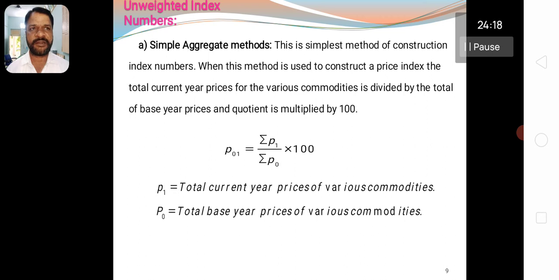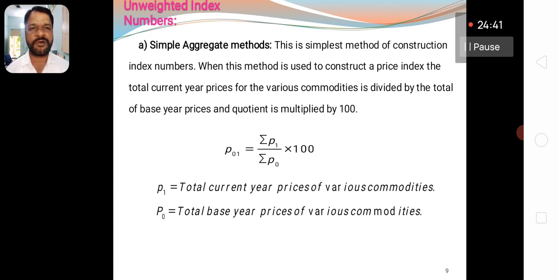At the same time, the prices of the various commodities A, B, C, D, E for the year 2020 are given. This period is called the base period. The prices of the base period are denoted by P0, where 0 indicates the base period and 1 indicates the current period.